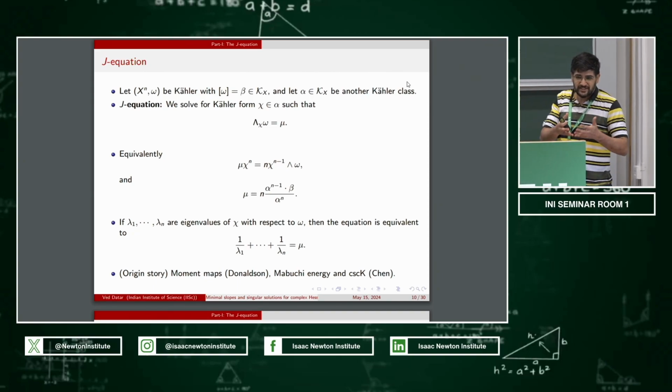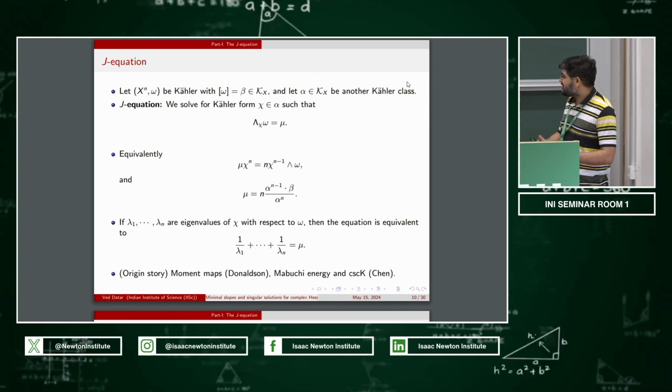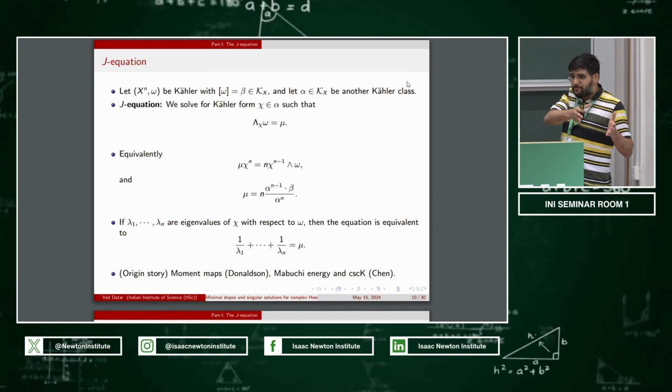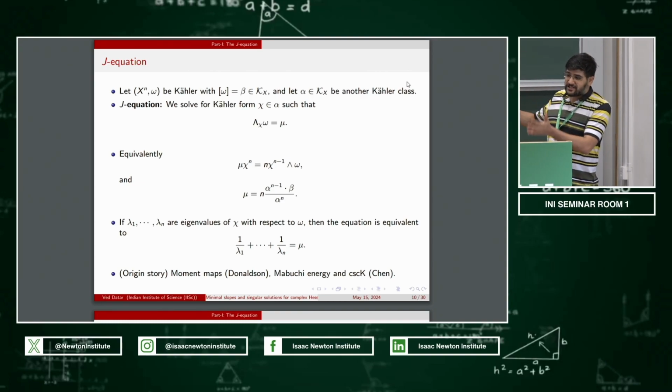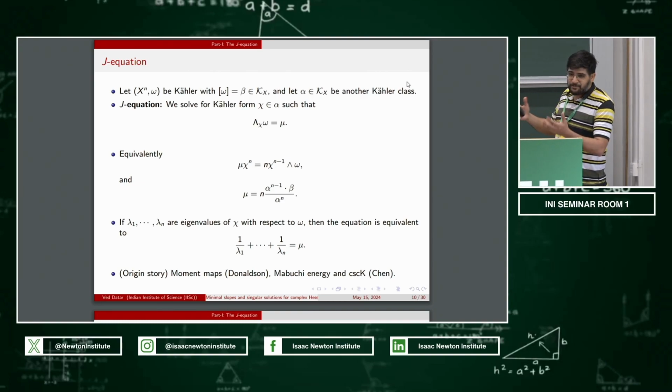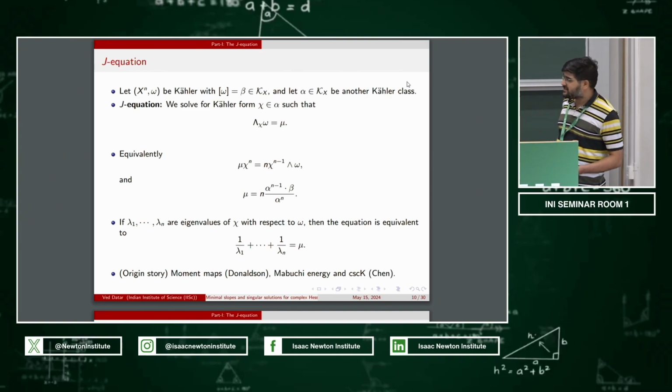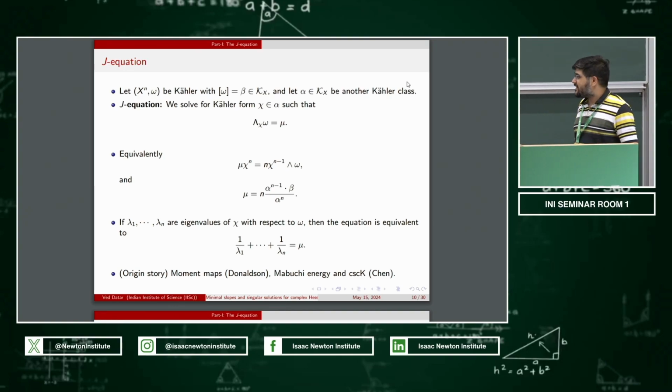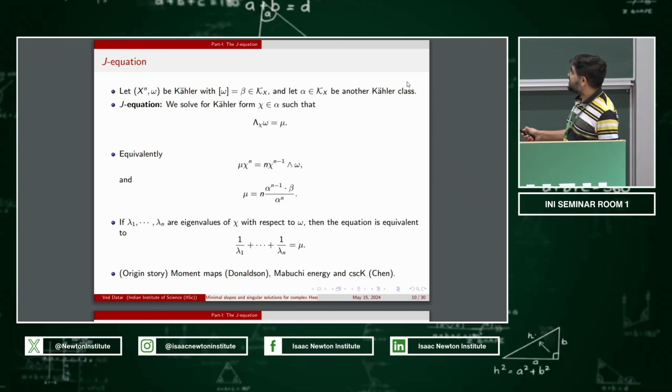I think Hattori mentioned that yesterday. There's the entropy part, and then there's an additional part. The additional part is a functional called the J functional, and if you generalize that J functional, the Euler-Lagrange equation of that is precisely the J equation, right?